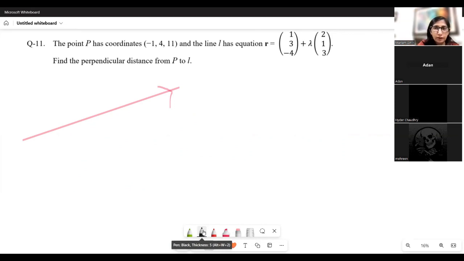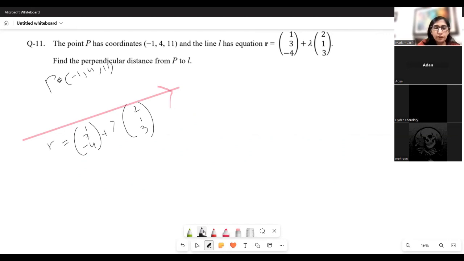So the vector equation is R equals 1, 3, minus 4 plus lambda 2, 1, 3. There's a point P with coordinates minus 1, 4, 11. And you have to find this perpendicular distance. Now, first of all, we're going to find position vector of a point X here.